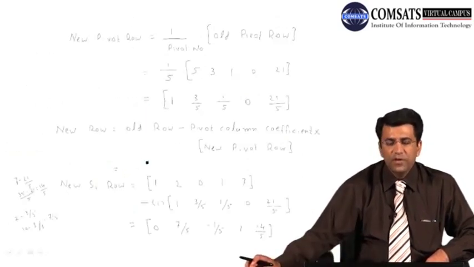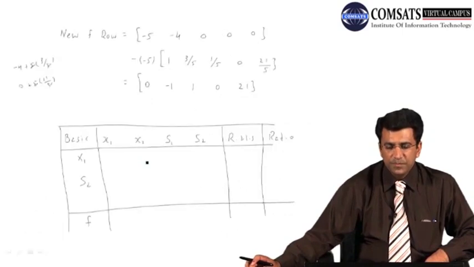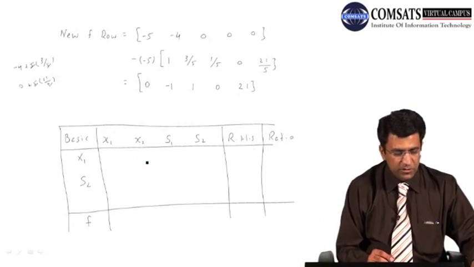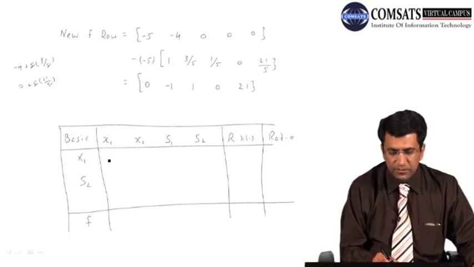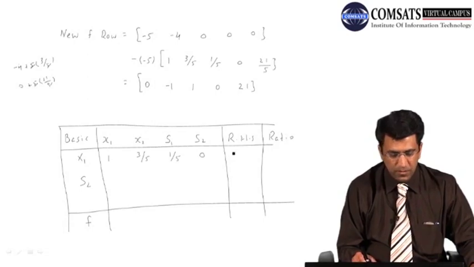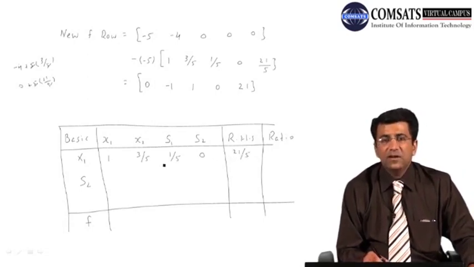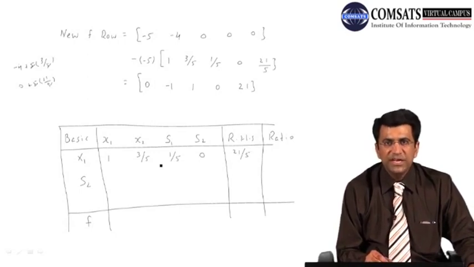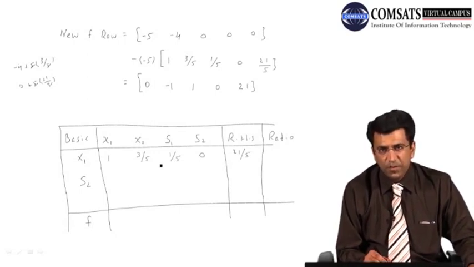We have already computed the values of the new pivot row. So I will write down this new pivot row here, that is 1, 3 by 5, 1 by 5, 0, 21 by 5. So this is our new pivot row which replaces the old pivot row.